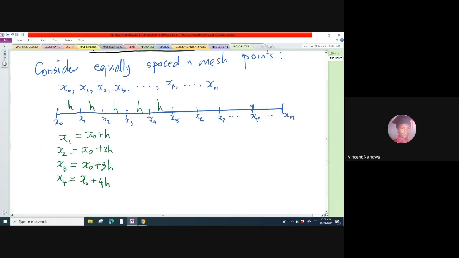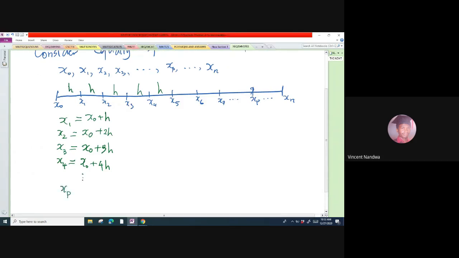And as you can see, the trend continues up to a general mesh point xp, given by x naught plus ph.